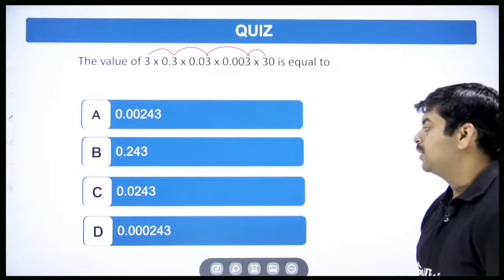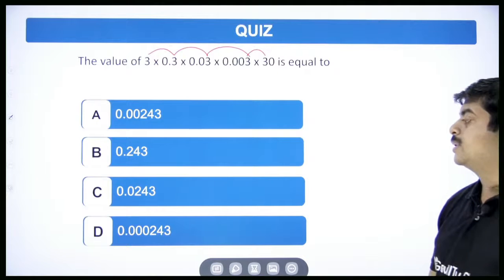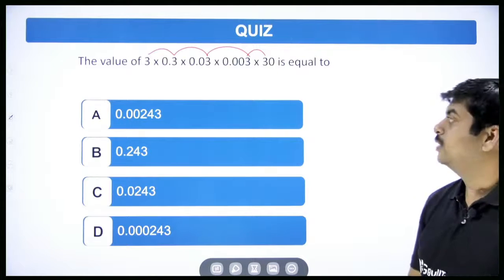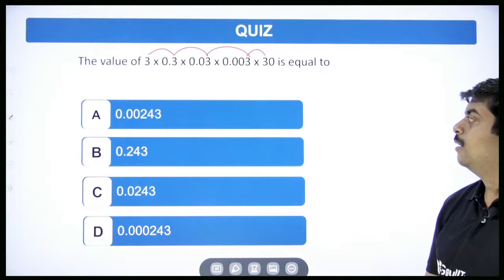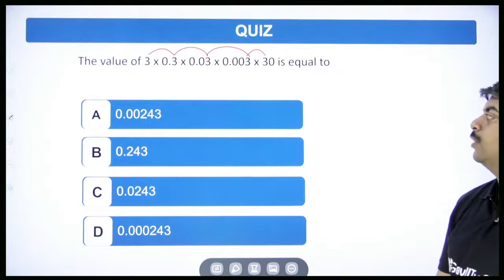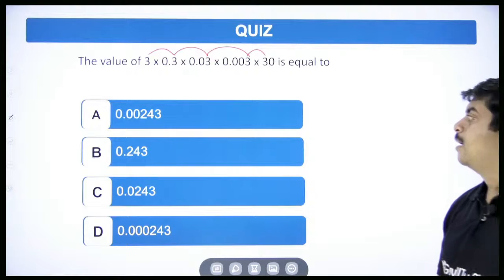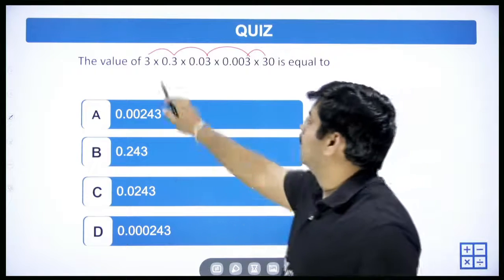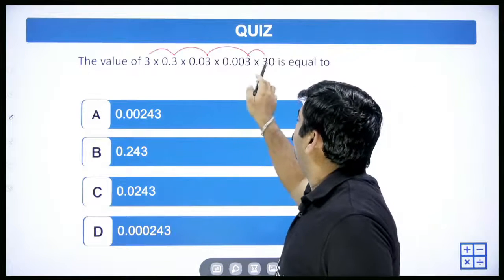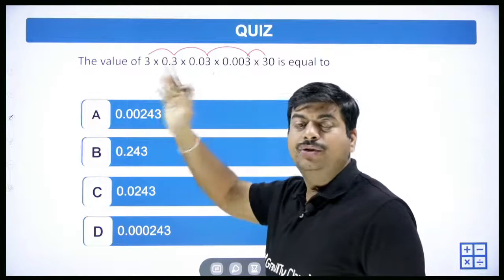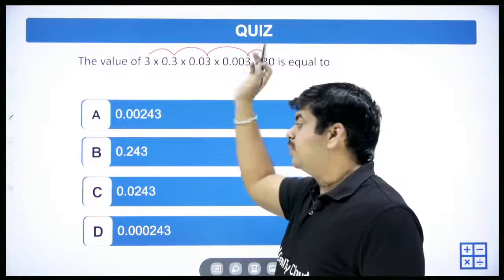The options are 0.00243, 0.243, 0.0243, 0.000243. Multiply 3 into 0.3 into 0.03 into 0.003 into 30, all the numbers multiplied.